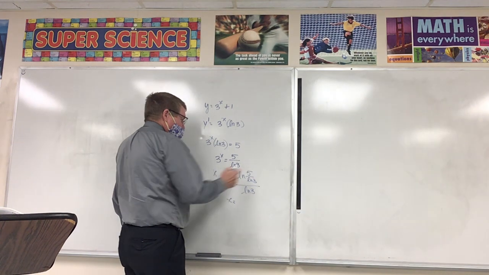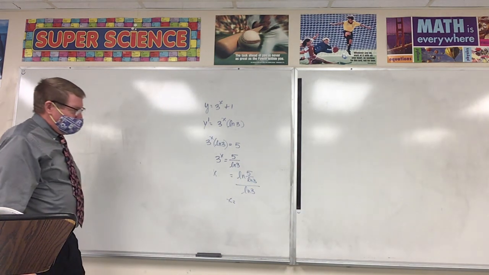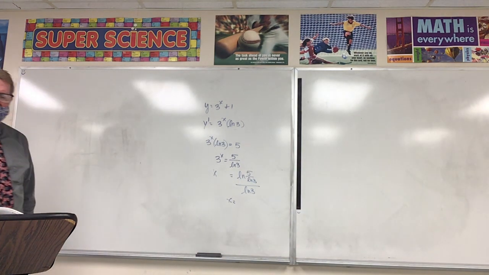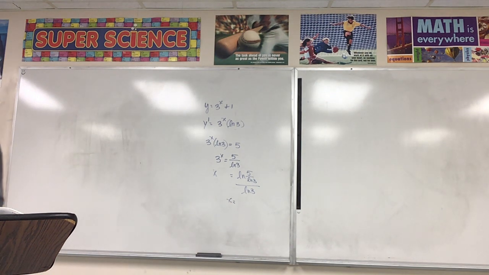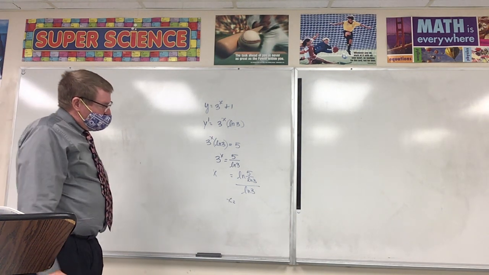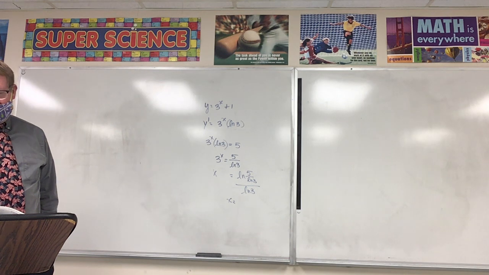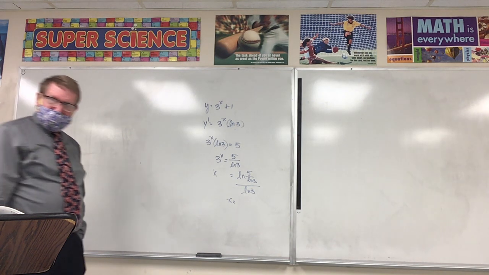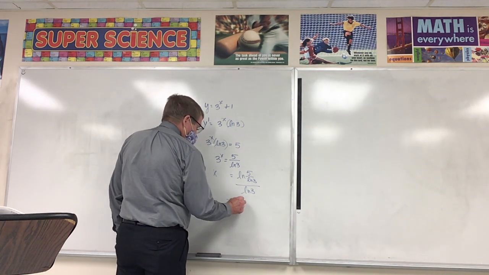So take the ln of 5 over ln 3, divide by ln 3, and we get what? I got 1.379.